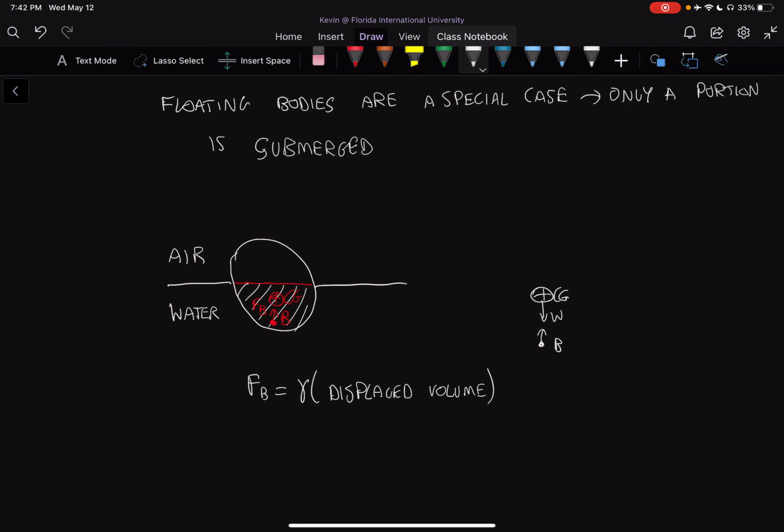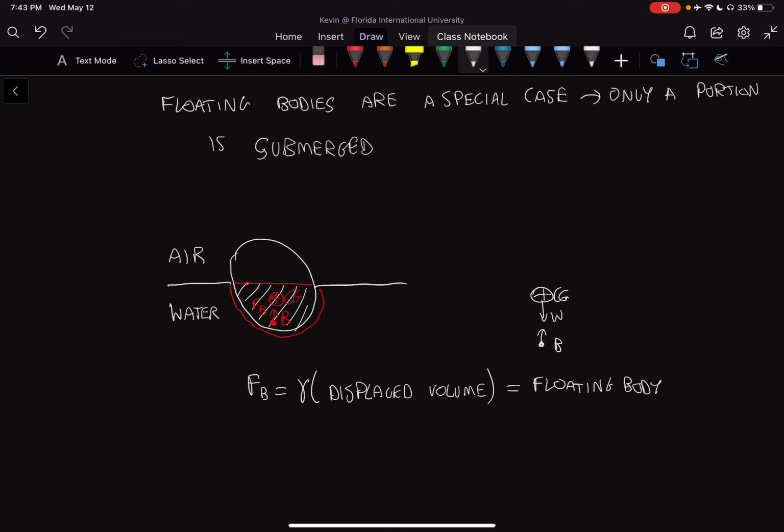And the great thing with buoyancy is that it starts making a lot more sense once you start doing some problems. So gamma times the displaced volume, which is the displaced volume of the water, so we displaced this much water essentially, is equal to the floating body weight.